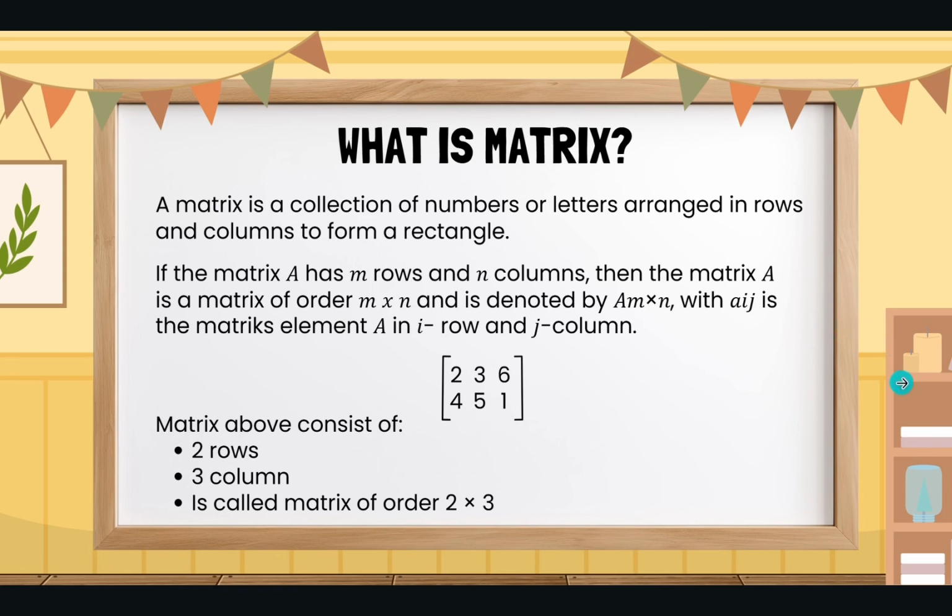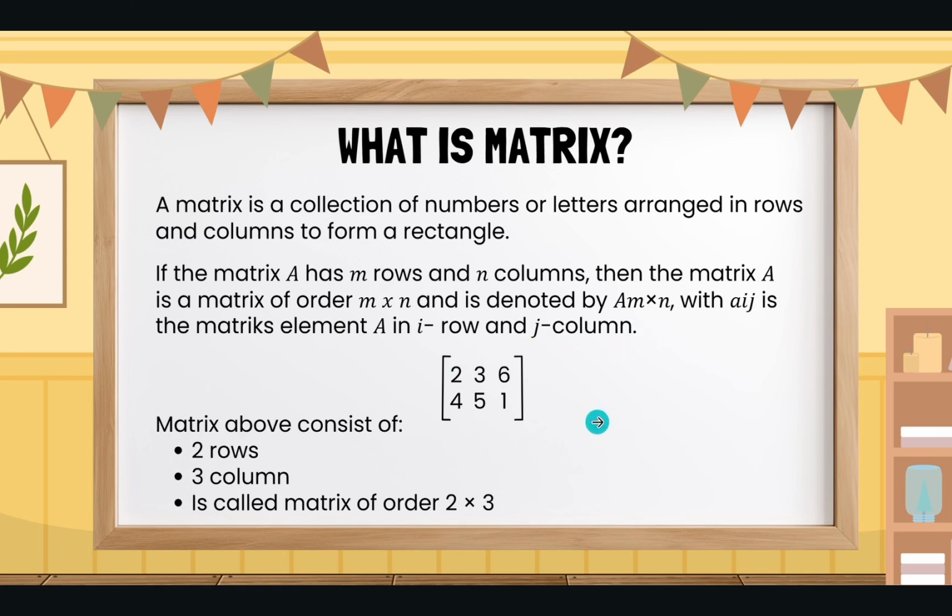If a matrix A has m rows and n columns, we say it has an order of m times n matrix, and it's denoted by A m times n, with a_ij being the matrix element in the i row and j column.